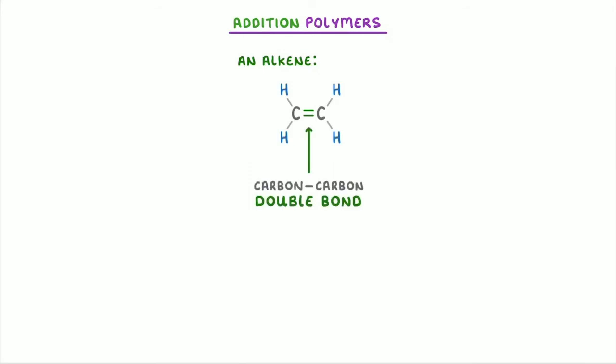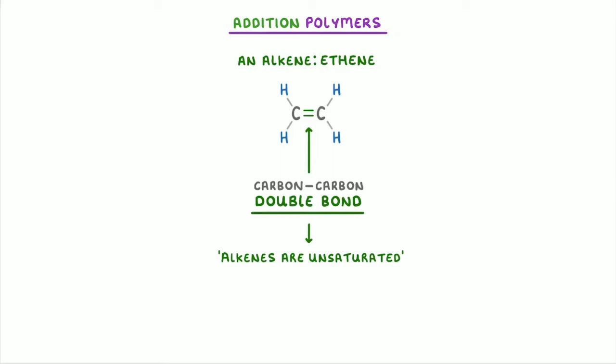The feature that makes a molecule an alkene is the fact that it has a carbon-carbon double bond. Like we can see here between the two carbon atoms in this ethene molecule. Because of this double bond, we say that alkenes are unsaturated.